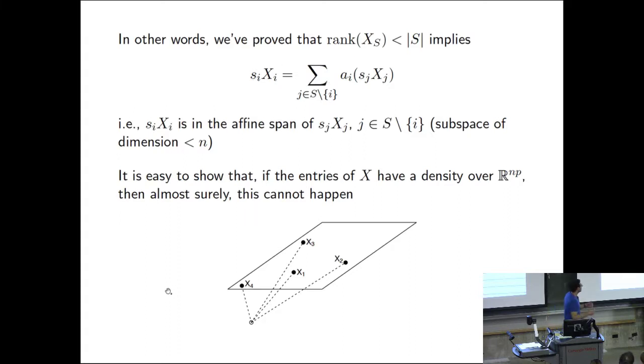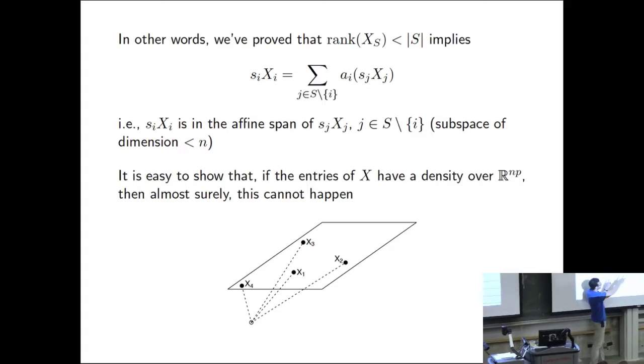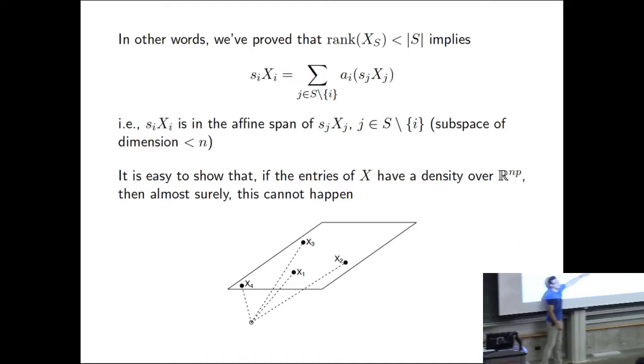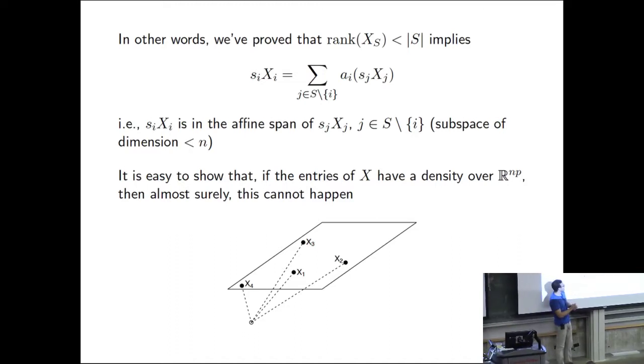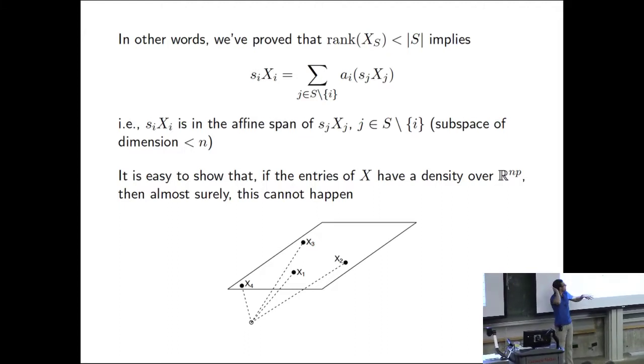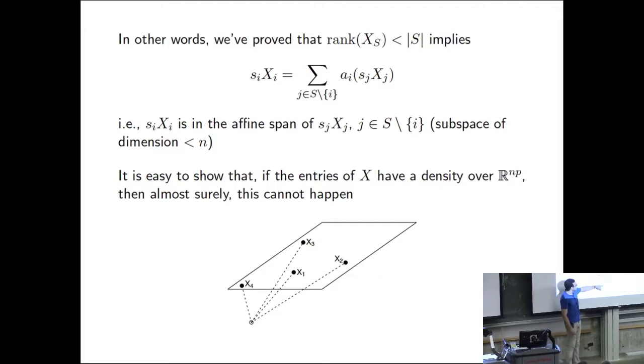Here's a picture. Let's suppose I was 1. And I looked at the affine span of x2, x3, x4. So those are the other things in S. Then they form a two-dimensional affine space, right? If I take the affine span of 3 generic vectors, they're going to give me a two-dimensional affine space.